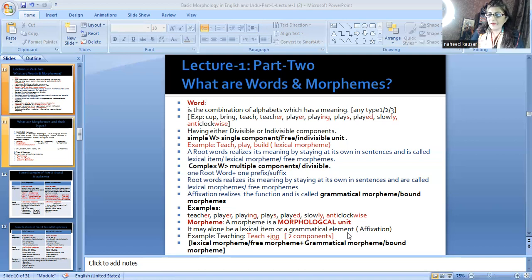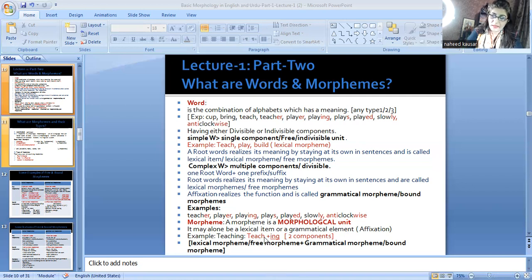And because of the affixation, this combination is possible. Only the prefixes and the suffixes participate in these combinations, where there is a multiplicity of morphemes in a word. This is what I am emphasizing.